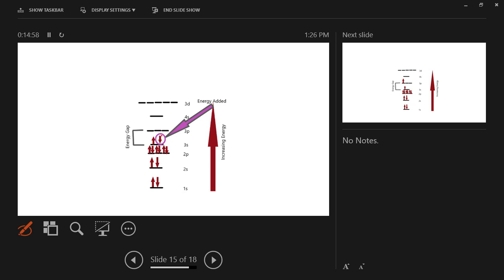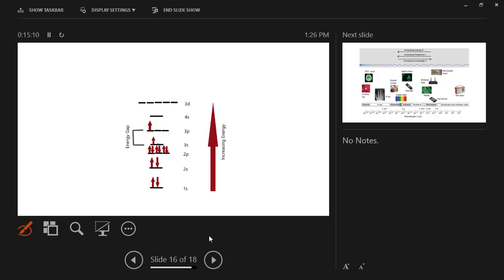And then it would be the easiest to ionize or to add energy to. Then that electron can be promoted up to a higher energy state, right? And then you get this kind of situation where you have an electron in an excited state, right?